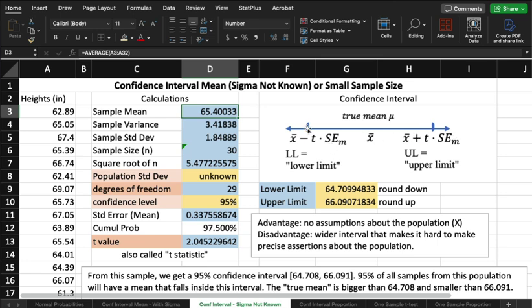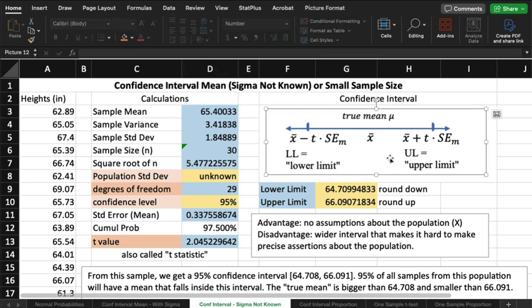And so you can see what the confidence interval looks like here on a number line with x bar at the center, and then x bar minus t times SEM on the left, and x bar plus t times our standard error of the mean on the right. Lower limit and upper limit. So let's calculate those two things.